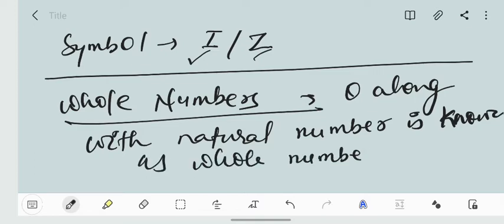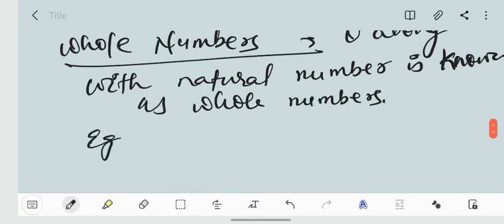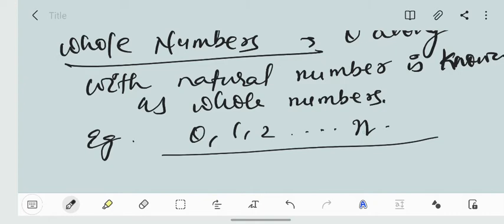Whole numbers. Alright, so example 0, 1, 2, dot, dot, dot, that means continuation and goes till n. N shows infinitely many numbers are there after 2, okay?